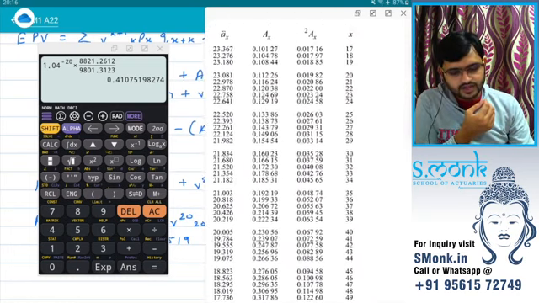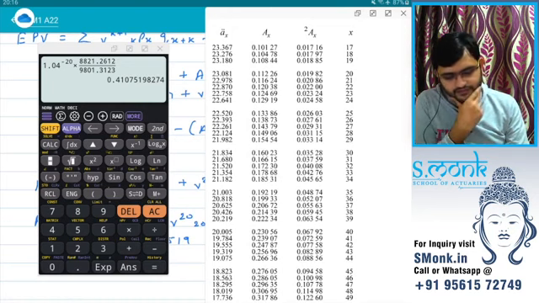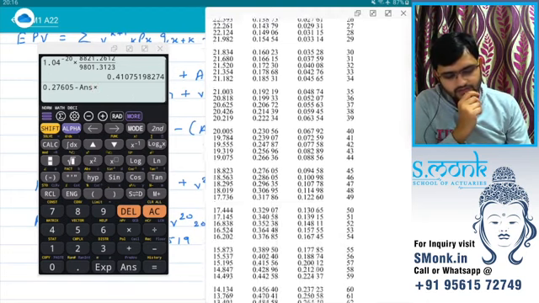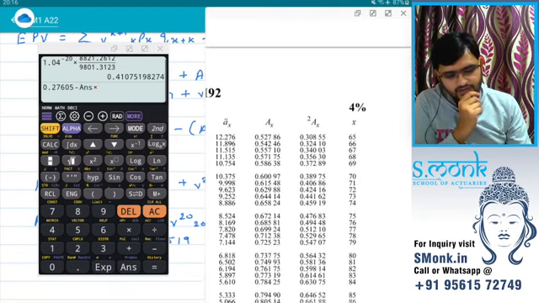So A 45 is 0.27605 minus our v raised to 20 20p45 into A 65. A 65 would be 0.52786.